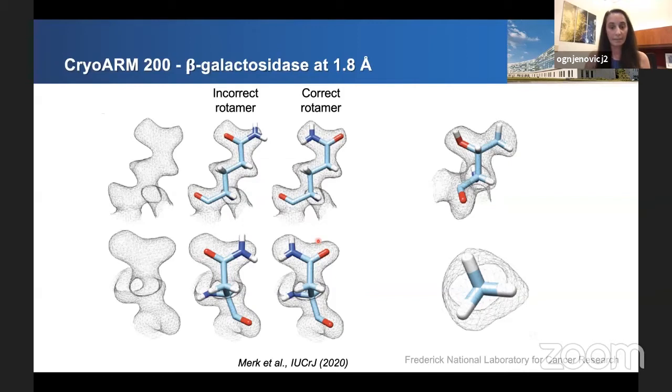The BetaGal map we obtained using the Cryo 200 microscope shows that in a 1.8 angstrom cryo map, you can often easily distinguish between incorrect and correct rotamers merely by visual inspection, due to the presence of the additional density coming from the hydrogens. When we compared our NQH orientations to those obtained by X-ray crystallography at 1.6 and 1.7 angstrom resolution, we found that there were several rotamers that had been flipped.